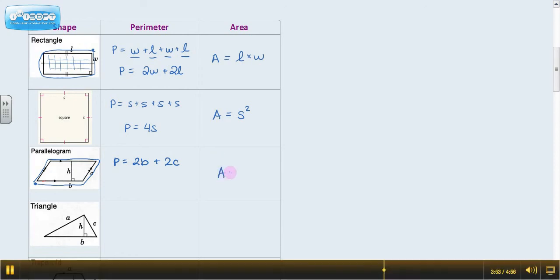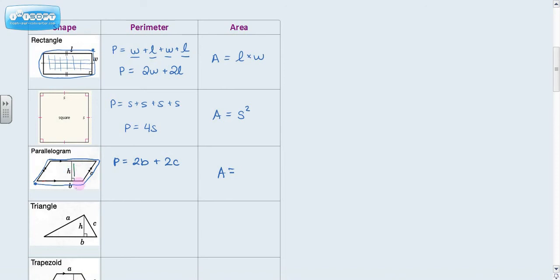The area for a parallelogram is similar to the rectangle and the square, where I do the length times width, but instead of the width in this case, I'll be looking at the height, and the height is a 90-degree angle measurement from the one base to the top. So then my area is the base times the height. Remember, this is the height though.